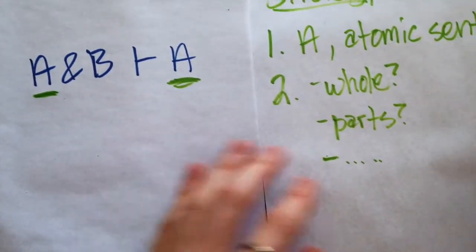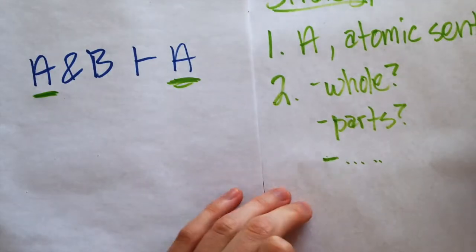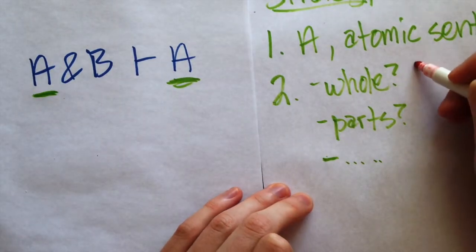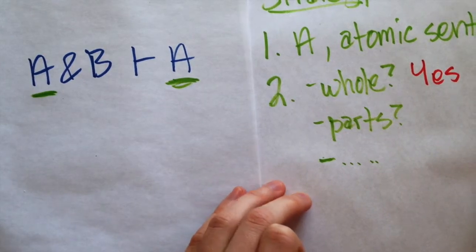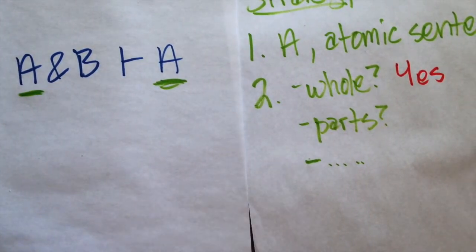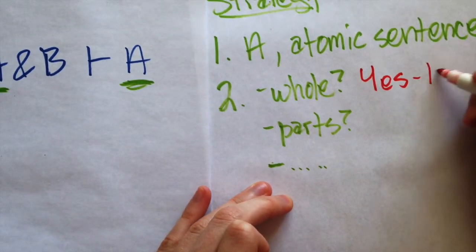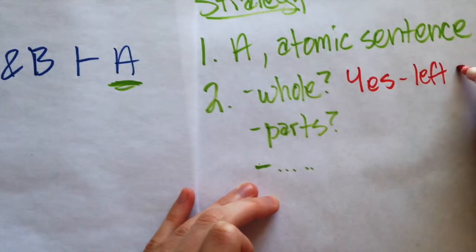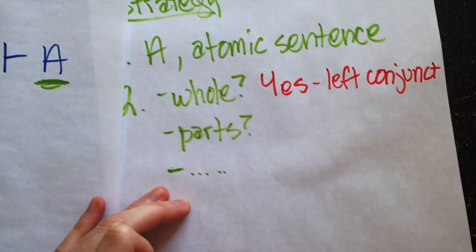So that means that yes, our conclusion is embedded as a whole in the premise. Right, so the conclusion is the left conjunct of the premise. Left conjunct.